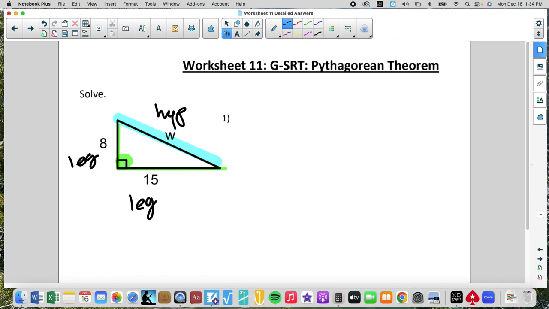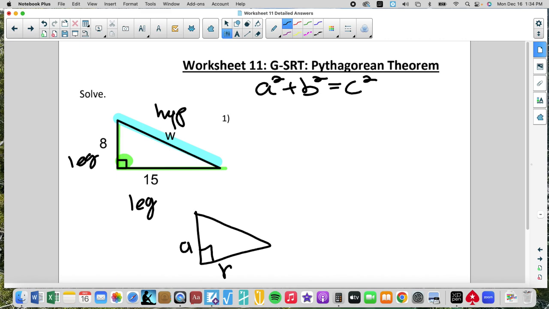Now Pythagoras says, hey, in all right triangles, a squared plus b squared equals c squared. Many students memorize that, know it, are familiar with it. A and B are always going to be the legs, and C is going to be the hypotenuse. So it's the sum of the squares of the legs will always equal the square of the hypotenuse. Kind of cool.